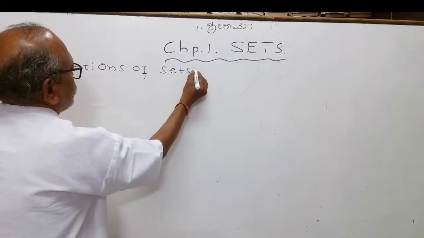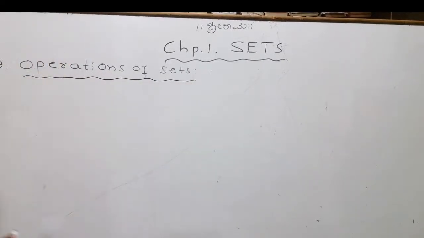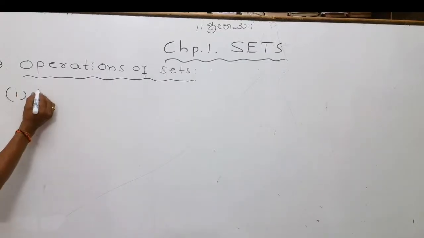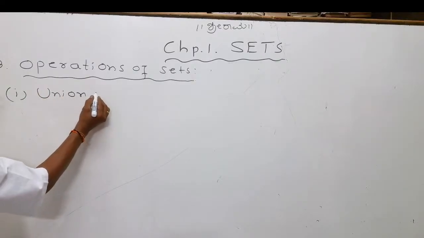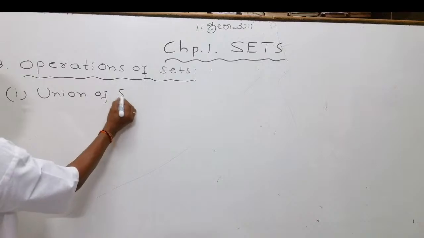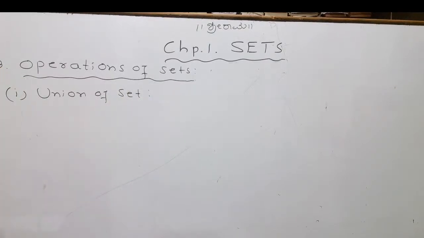Operations of sets. See, what are the operations of sets? The first one is called union of sets. What is the meaning of union of sets? We'll study by taking one example.